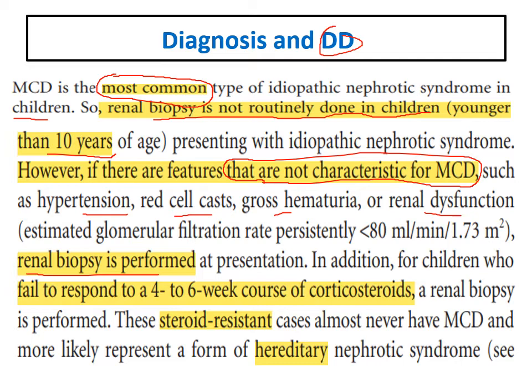Also, if there is no response after a 4 to 6 week course of steroids, I should perform a renal biopsy because this is not classic for minimal change. These steroid-resistant cases might be due to focal segmental glomerulosclerosis or represent a hereditary form of nephrotic syndrome.